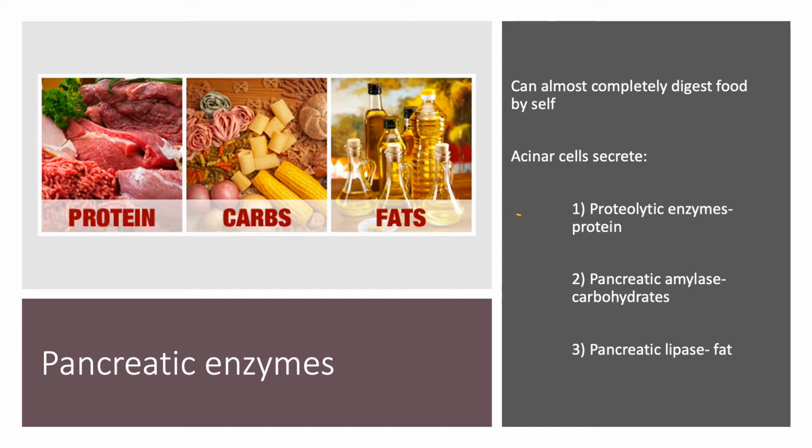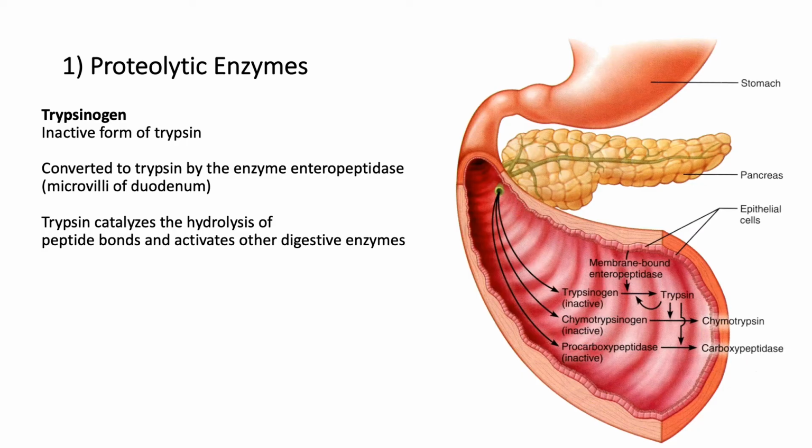We'll start by delving a little deeper into these proteolytic enzymes. The first proteolytic enzyme we will discuss is trypsinogen. This is an inactive form of trypsin. This is similar to the pepsinogen pepsin mechanism that started protein digestion within the stomach. Now we're going to continue the breakdown of those proteins.